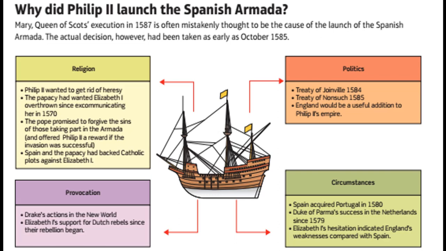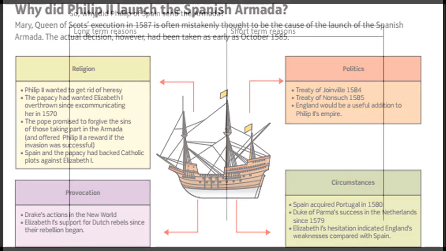The actions of Drake and Elizabeth supporting the Dutch rebels, as we talked about last lesson, antagonized Philip of Spain.